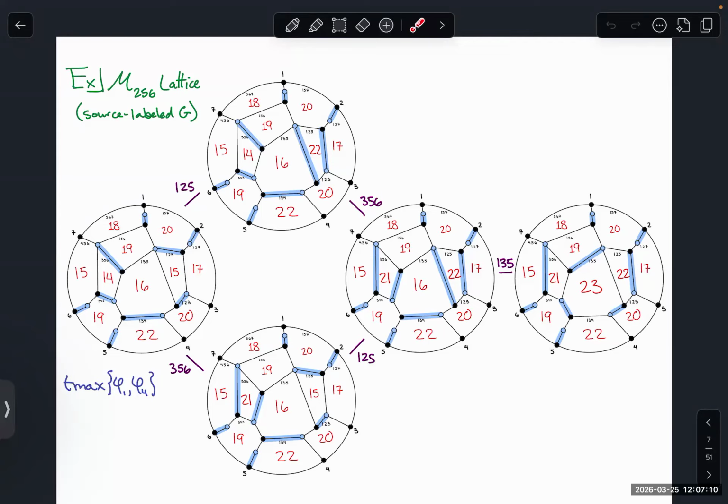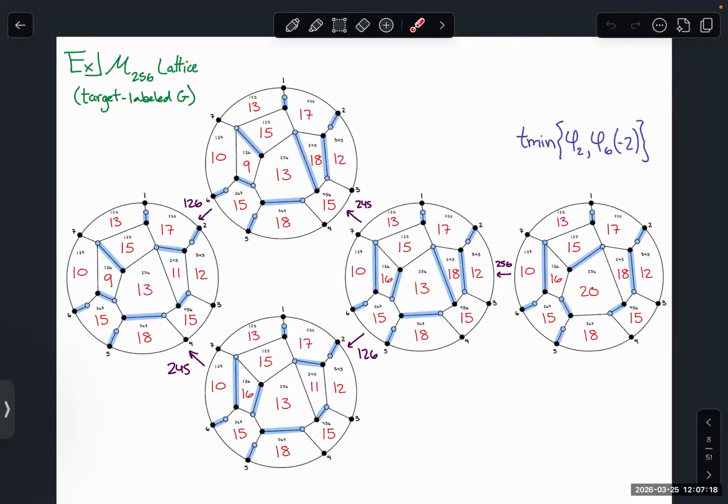And this is one example where we can build our Tmax with these two specific fundamental heights. And also, if we have a target labeling on our plabic graph, we can build the maximal matching with this Tmin and kind of construct the poset downwards.